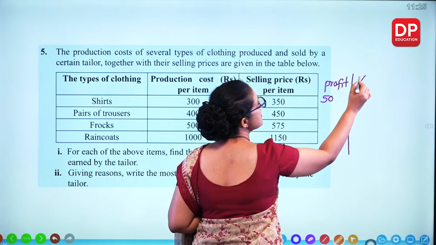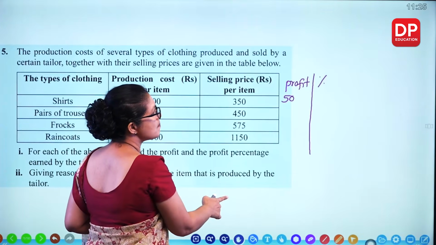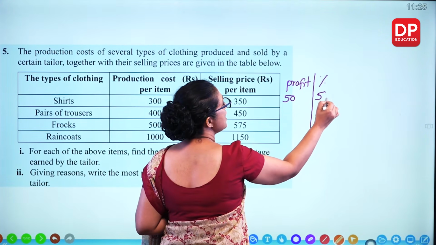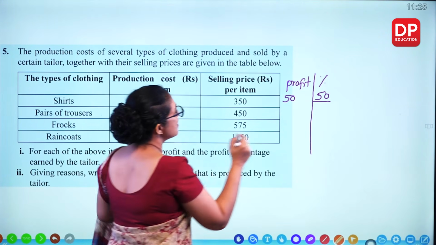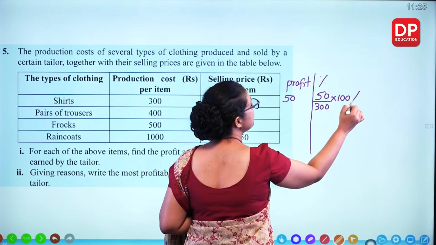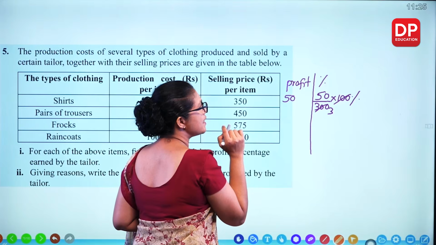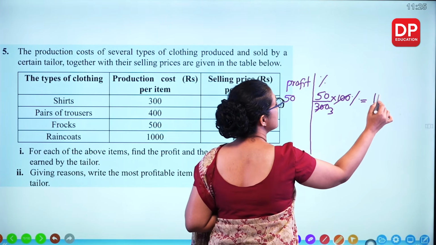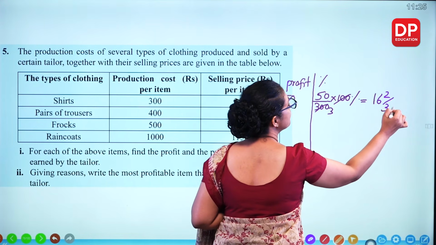Percentage profit is 50 out of, what's the buying price? That's cost is 300 into 100%. You get 50 divided by 3. So roughly 16 and 2/3.